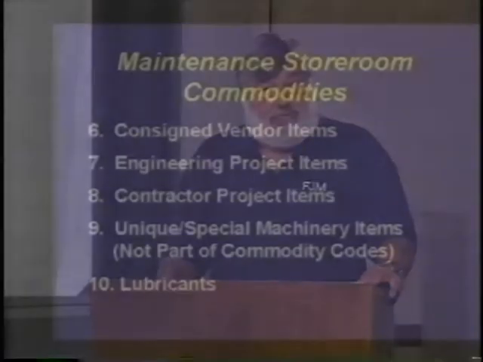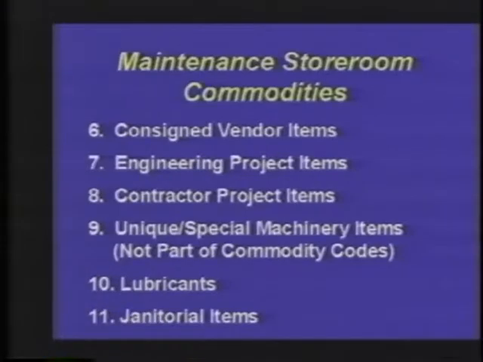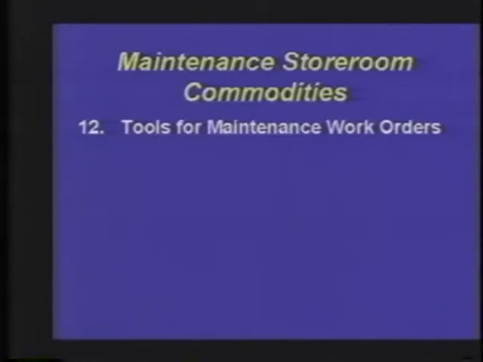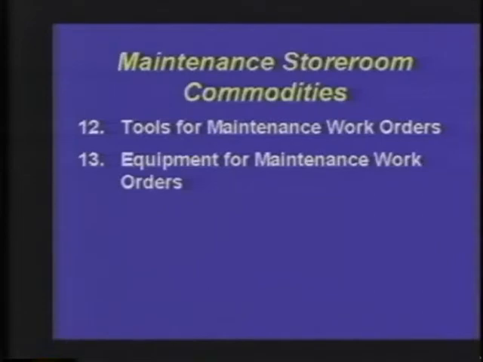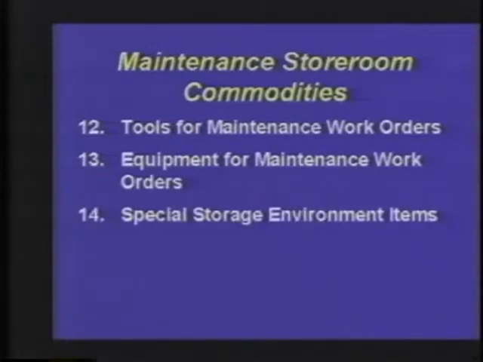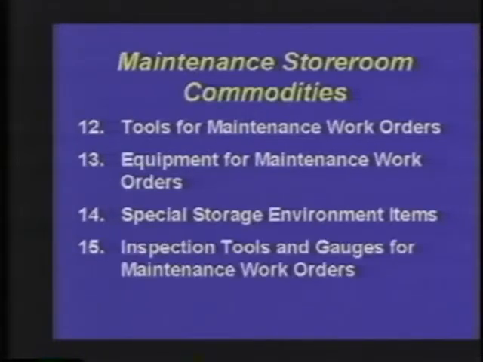10 would be special lubricants. 11 is janitorial supplies. 12 is the tools that are going to be used by the maintenance personnel. And 13 is the equipment that's going to be used by maintenance personnel. 14 are those special environmental requirements. And 15 would be the inspection tools and gauges that are going to be used, not in receiving inspection, but to be issued against maintenance work orders.